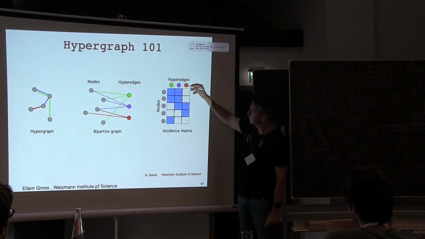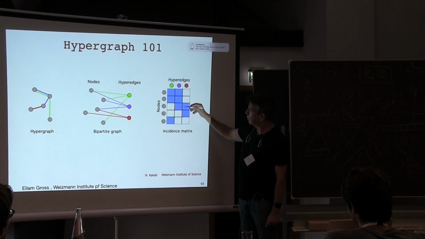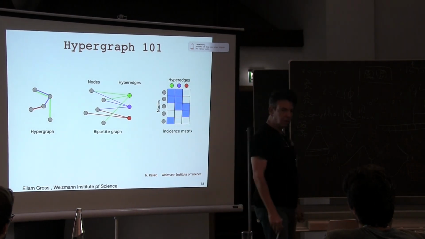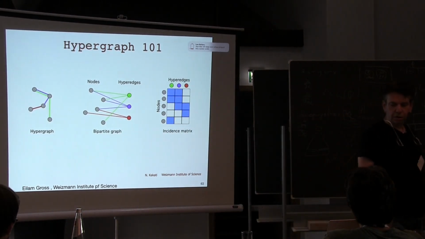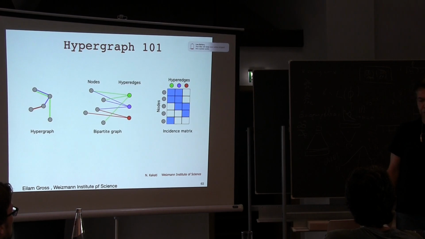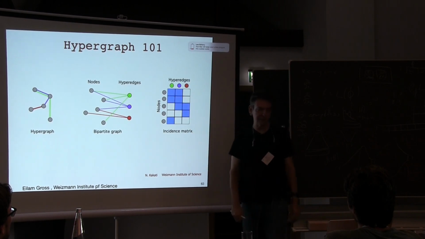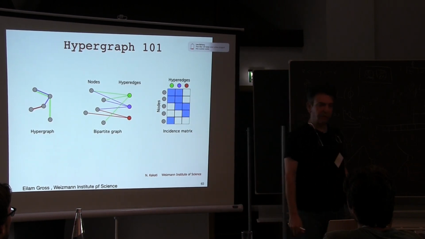The red one only connects 3 and 4. So if I want to predict a hyperedge, what I want to predict is this incidence matrix. That's the easiest way to look at it.